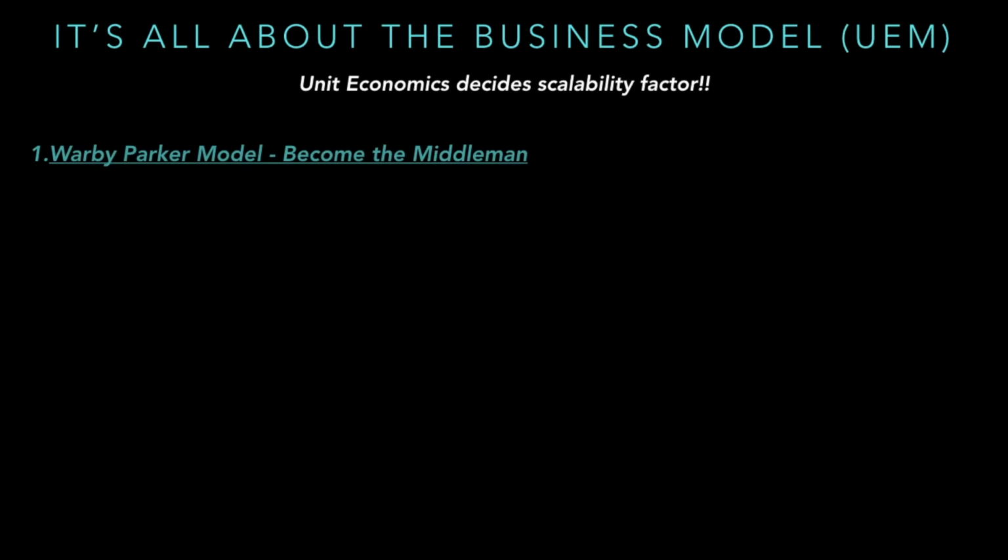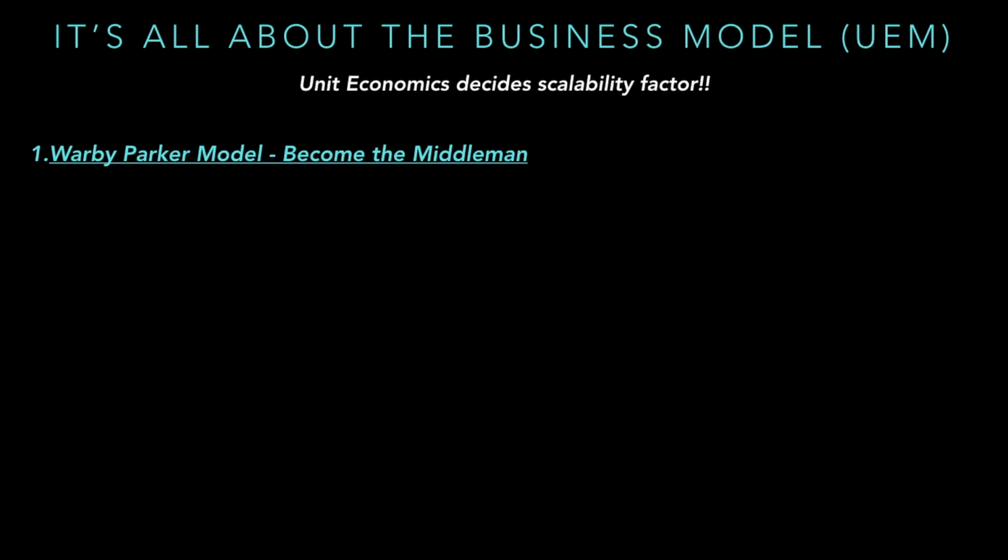Hence, unit economics model explains the revenue generated by selling to one single consumer, or one single person within your entire market. That's the capacity of a business that defines its fundamental scalability. We often say that unit economics is the very critical factor which decides scalability and sustainability of any business.